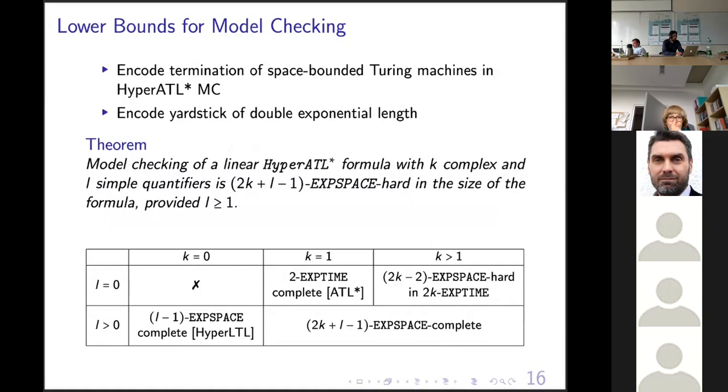So in total, we get this complexity table on the bottom here, where in some cases, for instance, if we have no strategic quantifier, we are essentially hyper LTL, whereas in the case where we have exactly one strategic quantifier, we are essentially ATL star and therefore 2x time complete. And in most of these cases, we are 2k plus L minus 1 x space complete. So we have upper and lower bounds on the model checking problem.